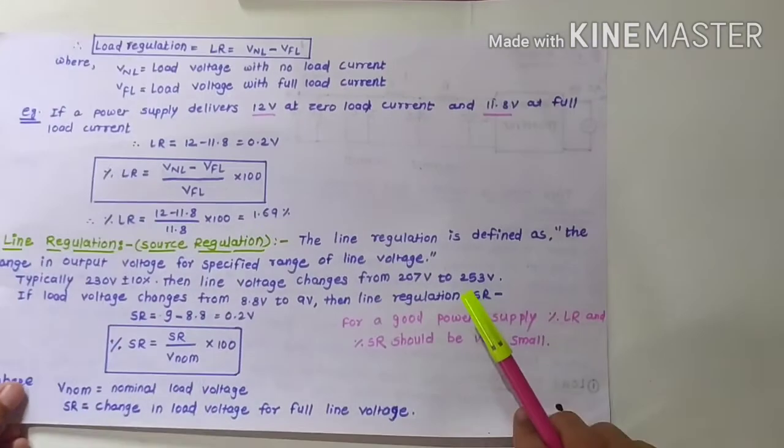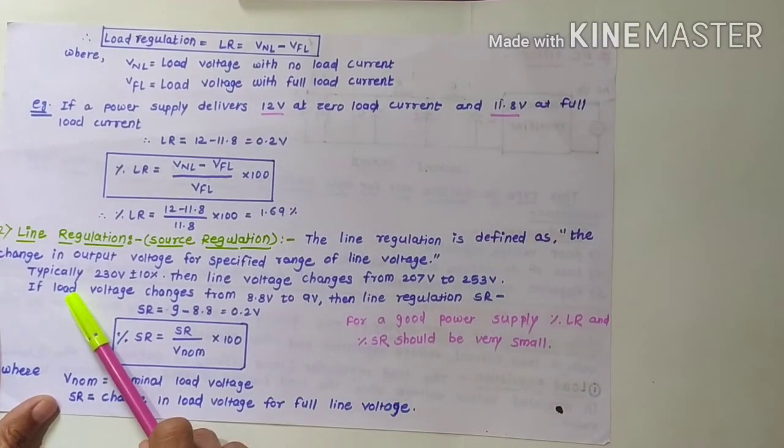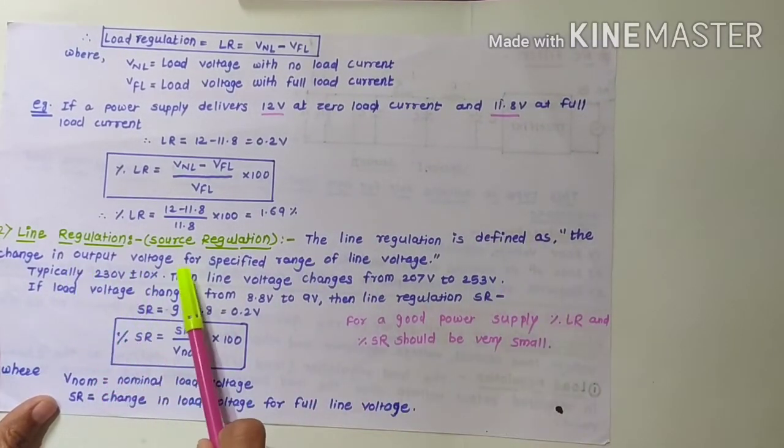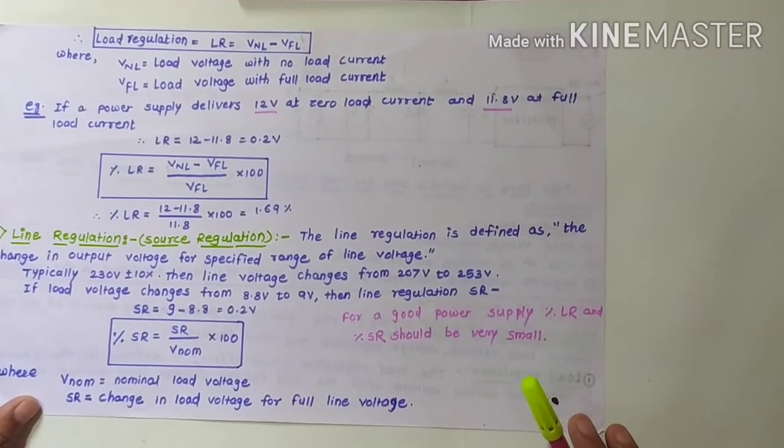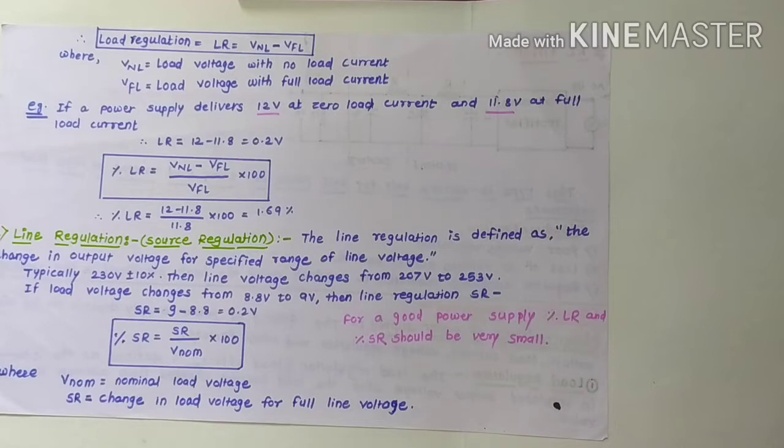And source regulation is the change in the output voltage for a specified range of the line voltage. Simply, there is a fluctuation, and when the percentage change in the fluctuation, like load regulation and source regulation, is very small, then the power supply has good quality.